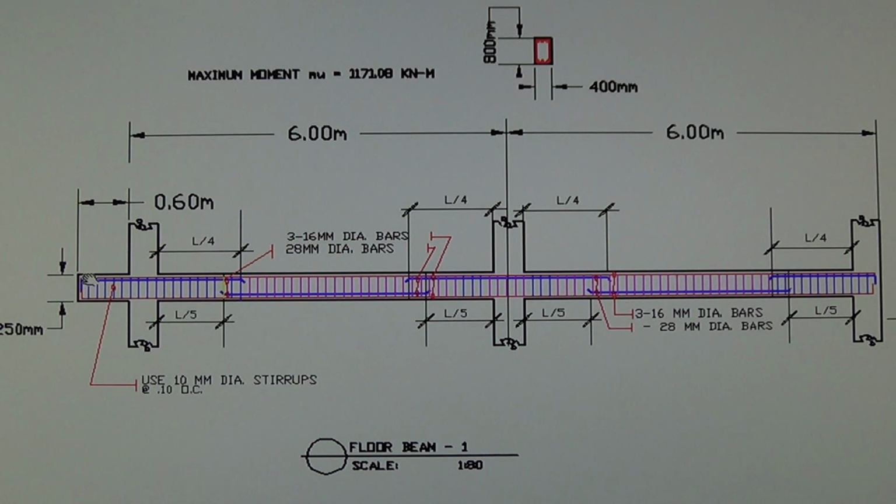These are the bars that continue from one end to the other end. This part here is the wall. This is the balcony of the apartment building, and the span is 6 meters.